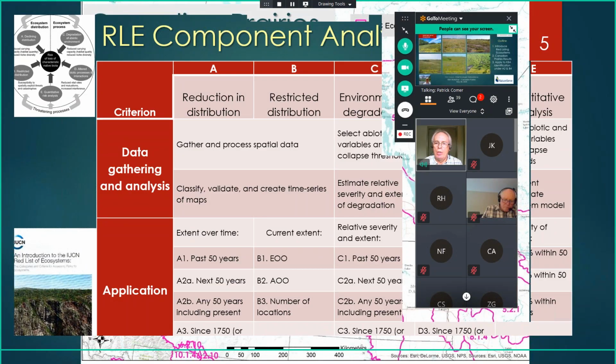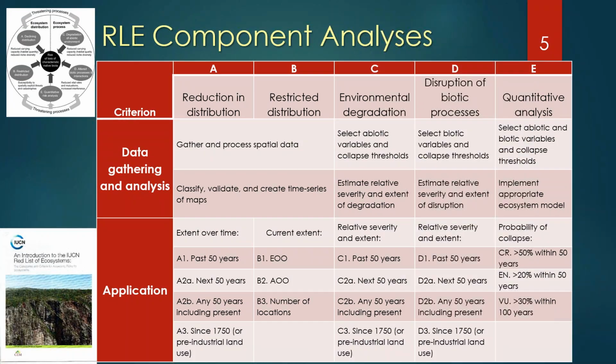What you'll see within these documents is that organization of information around criteria A, B, C, D. The Red List of Ecosystems also has criterion E, which would be a quantitative analysis. You could think of it as the population viability analysis relative to species, where you're trying to quantitatively get at risk of range-wide collapse. So far, there have been very few opportunities to actually build models of that sort for ecosystems.